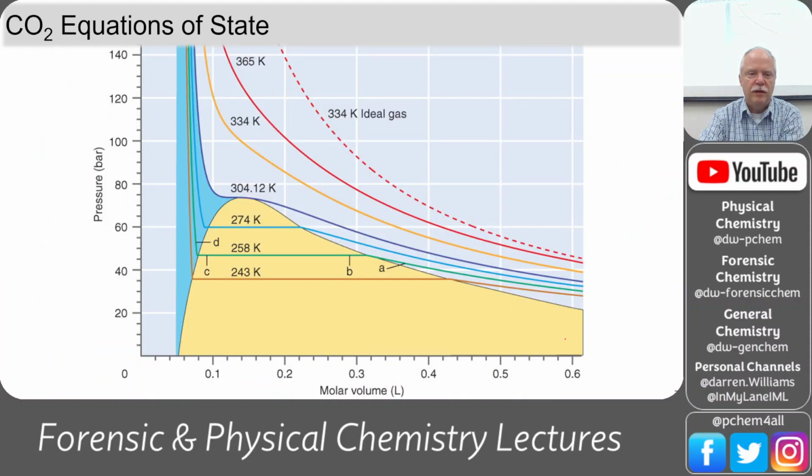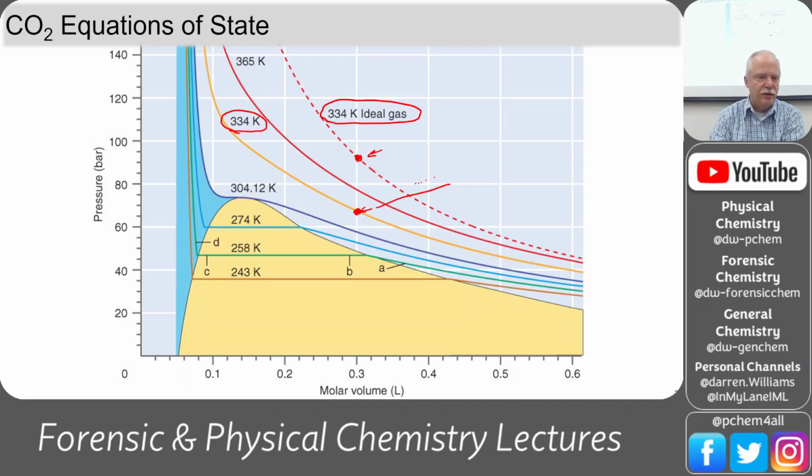So here's an experimental one that shows the data for CO2. And I like this figure because it shows the ideal gas at 334. That's this dashed line. And here's the experimental isotherm for 334. So here at 0.3 liters per mole, this is what the ideal gas pressure would be, and this is what the actual pressure would be.